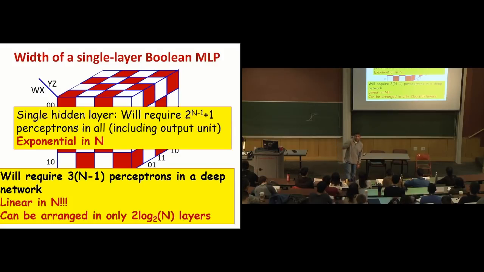The final plus 1 is for the final OR neuron. So this is going to be exponential in n, right? Whereas if you allow this to be deep, then you can do this in 3 times n minus 1. It's linear in n. The difference between linear and exponential is tremendous, right? So you can see why you need depth.